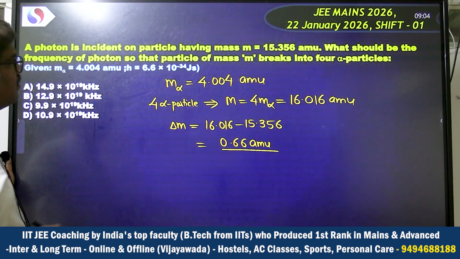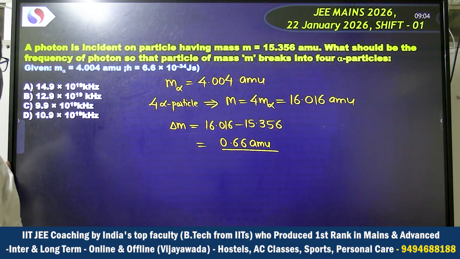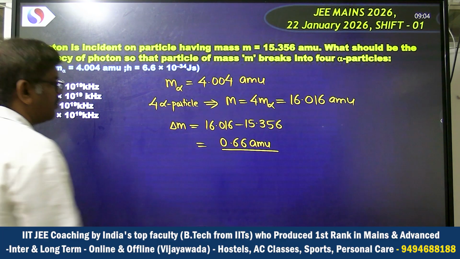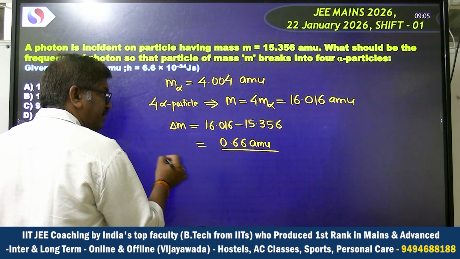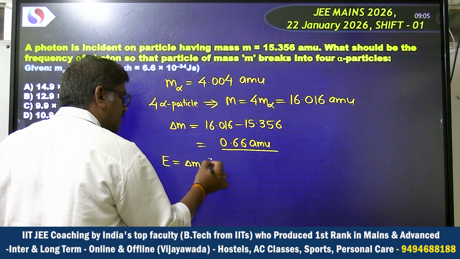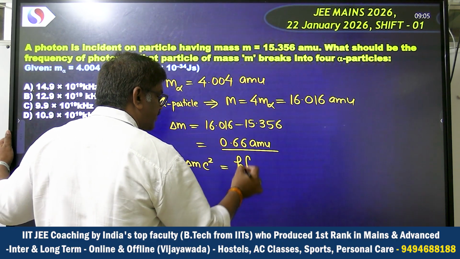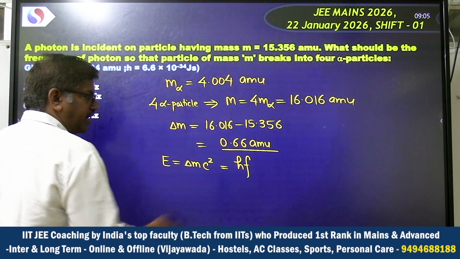We have to find the energy, and that energy will be converted into the photon frequency. So delta m into c square is the energy associated with this. That is the energy liberated, in the form of a photon which has the energy hf.